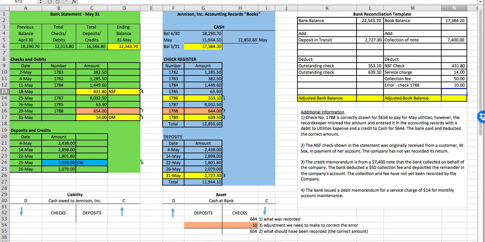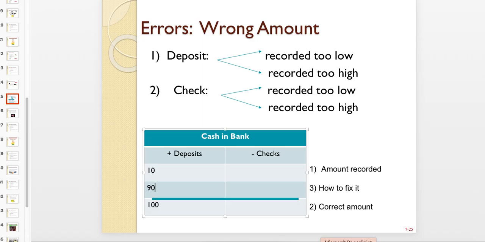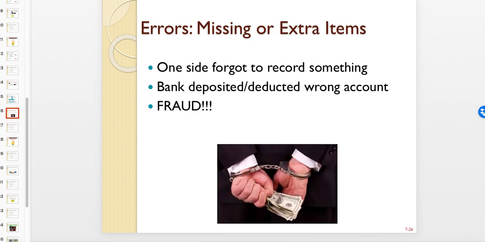And now we have accounted for all of the differences that we found between the bank and the books. But before we move on to the next step, I just want to mention some other situations that could be errors. In that particular case, there was just something that was the wrong amount. Okay, the same check was there, but it was just two different amounts.